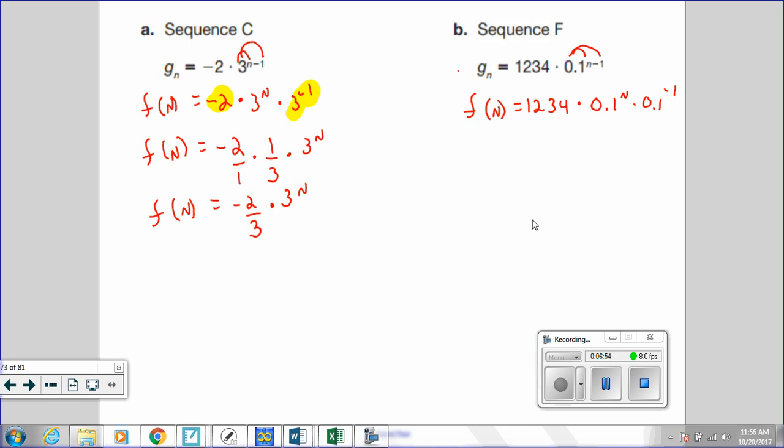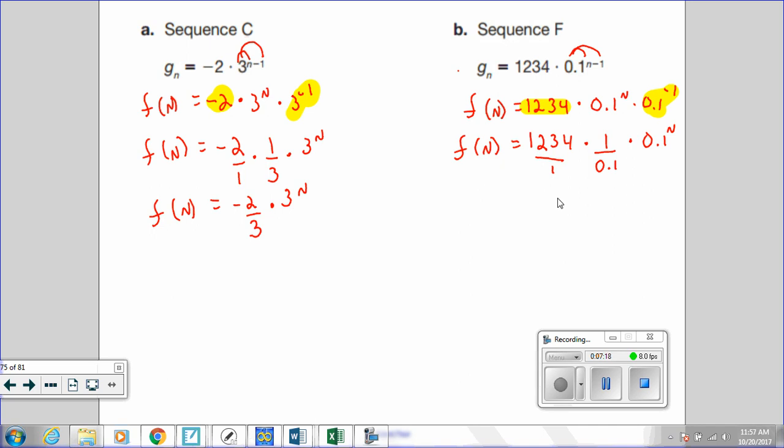And then our third step is to multiply the constants. So our constants are 1,234 times 0.1 raised to the -1. And again, you could type this straight into your calculator and get your answer. But you can also convert this into a fraction like so.